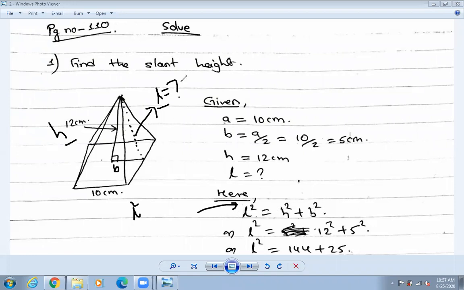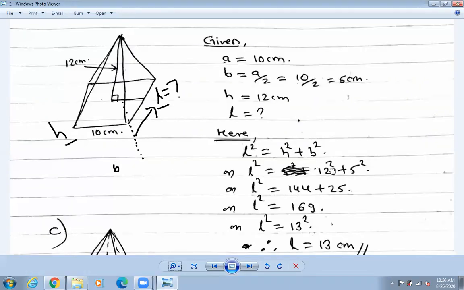You can use this formula to find slant height, vertical height, base or A. So L square equals 12 square plus 5 square. 12 square is 144, 5 square is 25. 144 plus 25 is 169.